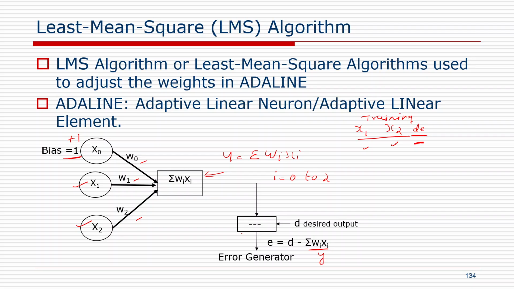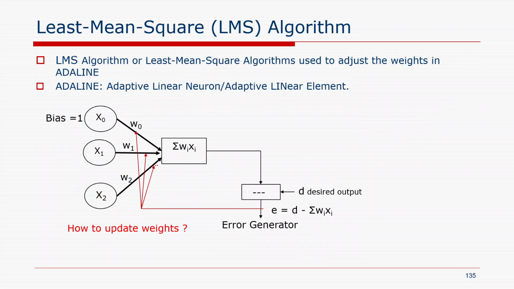When the error gets generated, we have to think about how we can change the weights so that we get the minimum error. We cannot say we will get zero error, but we have to look for minimizing the error. In Adaline, we find the error by computing the difference between the desired output and the predicted output.